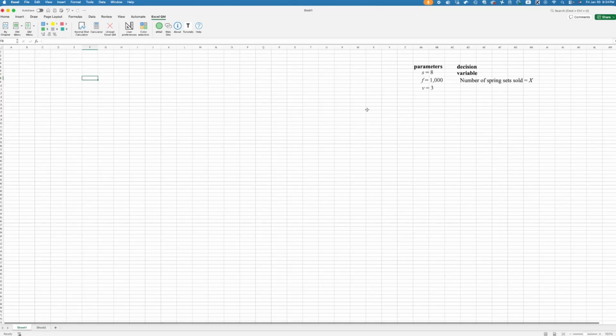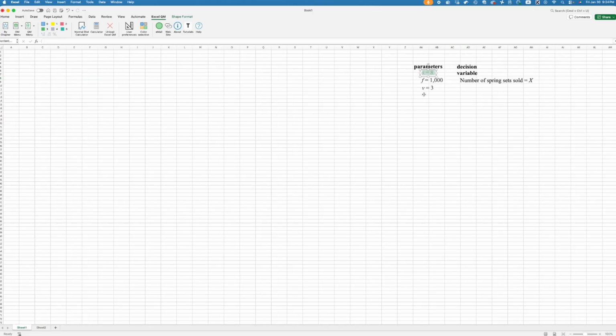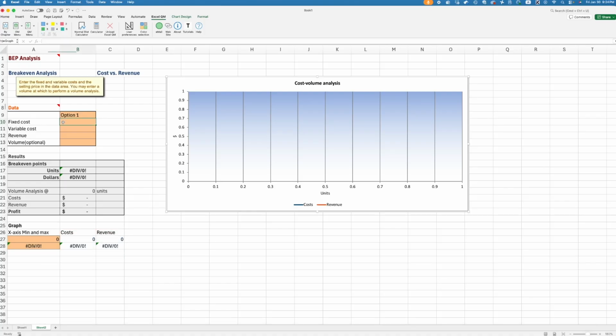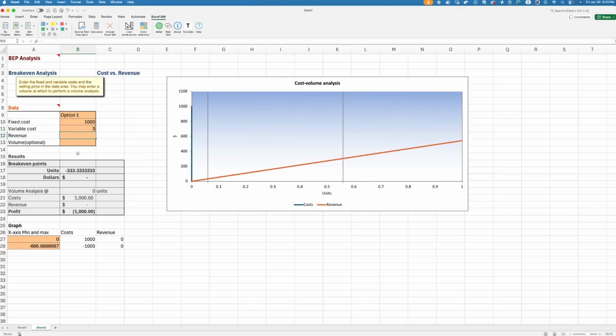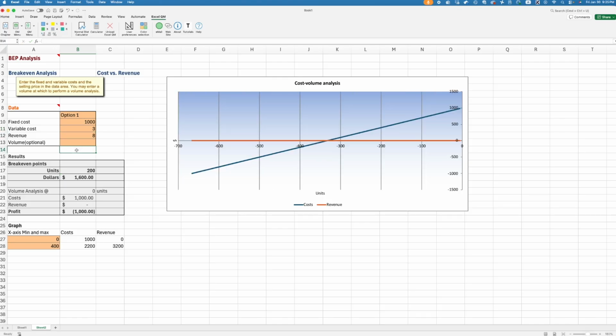So in our example, S, or the selling price, is 8, variable cost is 3, fixed cost is 1,000. So let's fill in the blanks here. Fixed cost is 1,000, variable cost is $3, and selling price is $8.